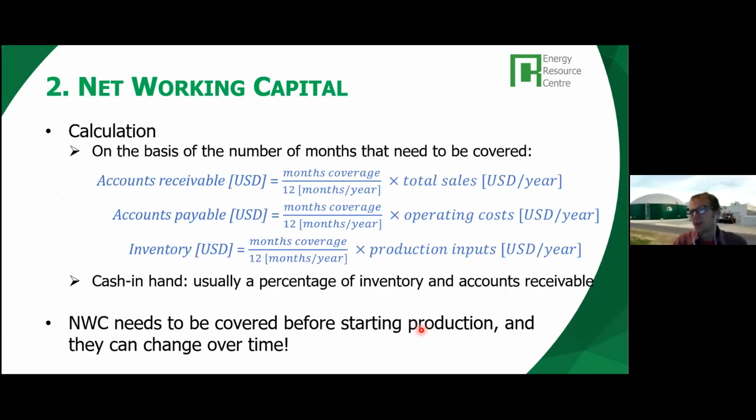Now, calculation of these different elements is done on the basis of the number of months coverage. So let's say accounts receivable, for example, if you say, well, it will take a client on average about 2 months to pay his bill, then you use a coverage of 2 months.